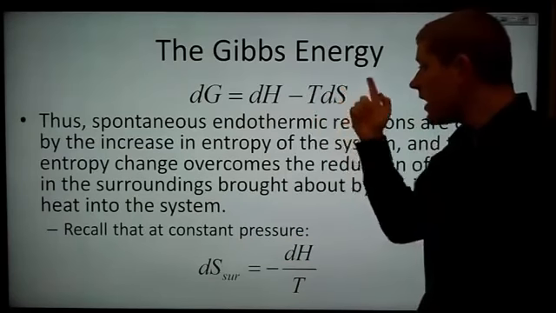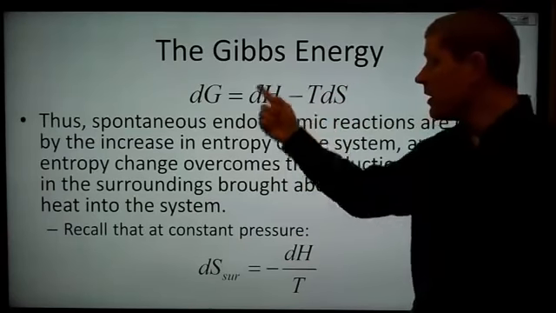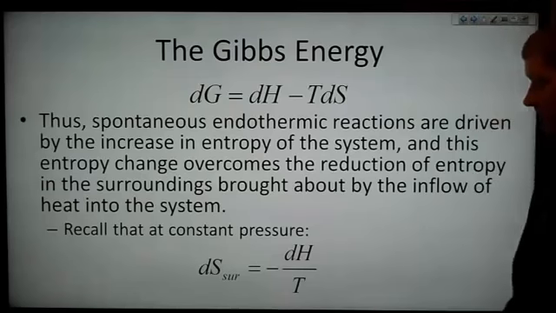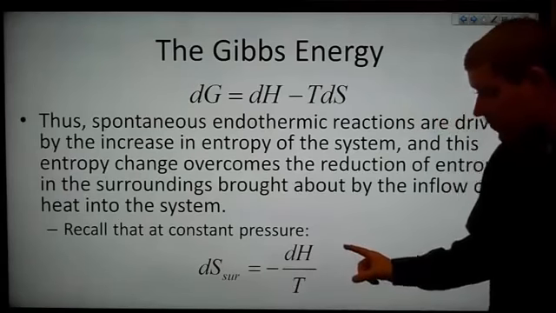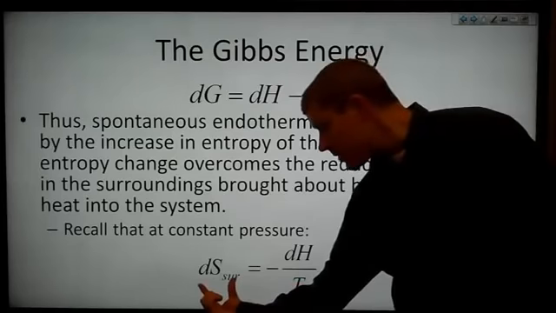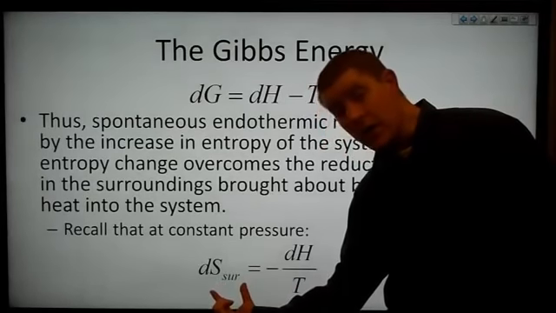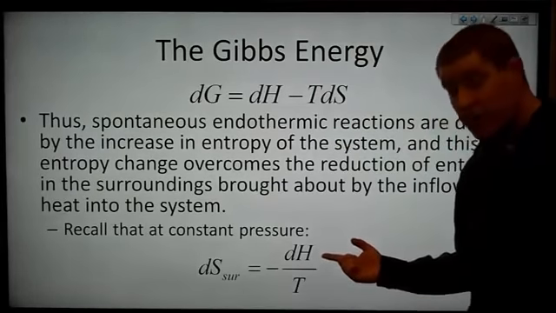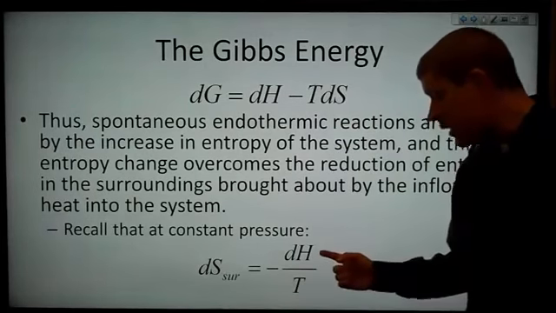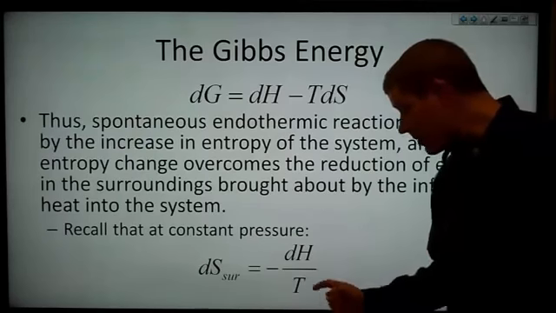So that means that TdS must be a larger positive value than dH is a positive value. And remember that at constant pressure, we have this equation, where our change in entropy of our surroundings is equal to minus the change in enthalpy of our system divided by temperature.